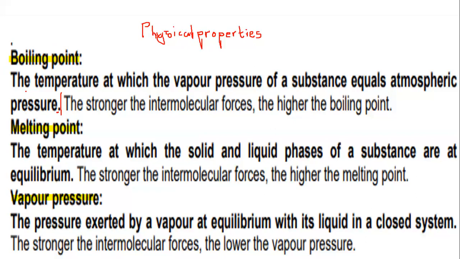That is why when the definition begins, it says the temperature. We don't need to confuse this with boiling, because boiling is a process altogether. A substance is changing its state, but boiling point is a particular point, a particular value of temperature.